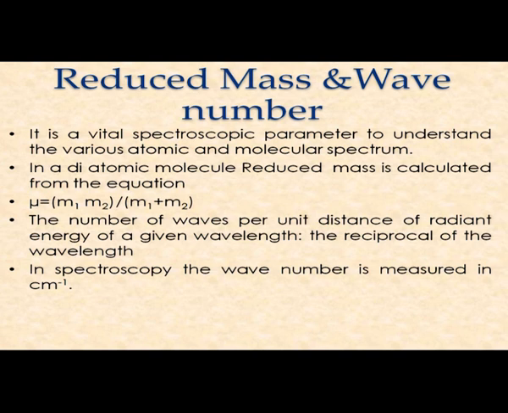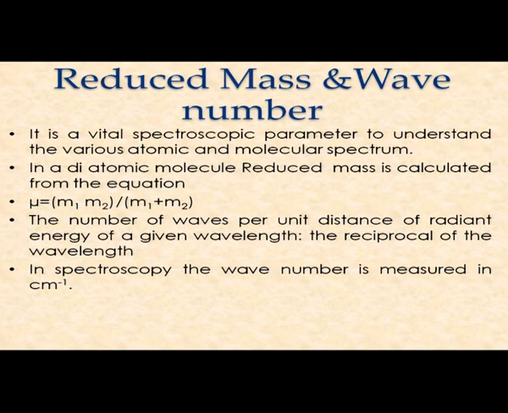The next concept in the spectroscopy is reduced mass and wave number. Earlier we have seen vibrating modes, number of modes of vibration, now reduced mass and wave number. This reduced mass is a vital spectroscopic parameter to understand the various atomic and molecular spectrum.